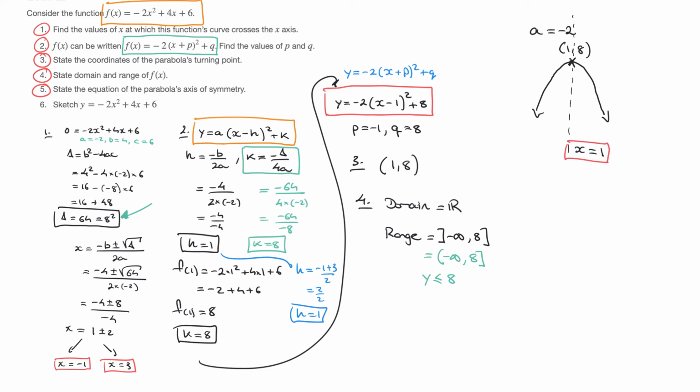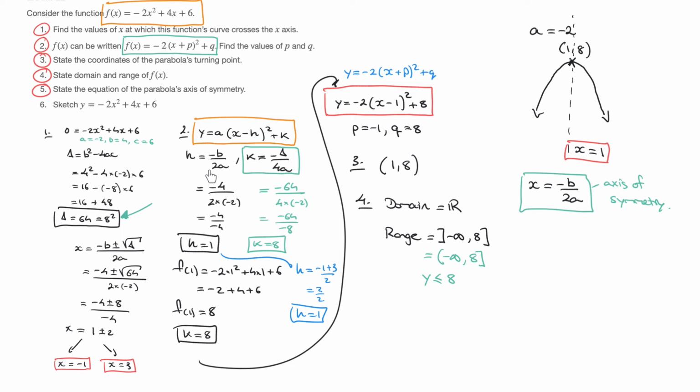End of story. Now, if you've forgotten, we saw last year that the axis of symmetry is given by x equals negative b over 2a. So if you're after a formula, that's the formula for the axis of symmetry. But as you look at it, that should be ringing bells, because we've just used the exact same formula over here for h.